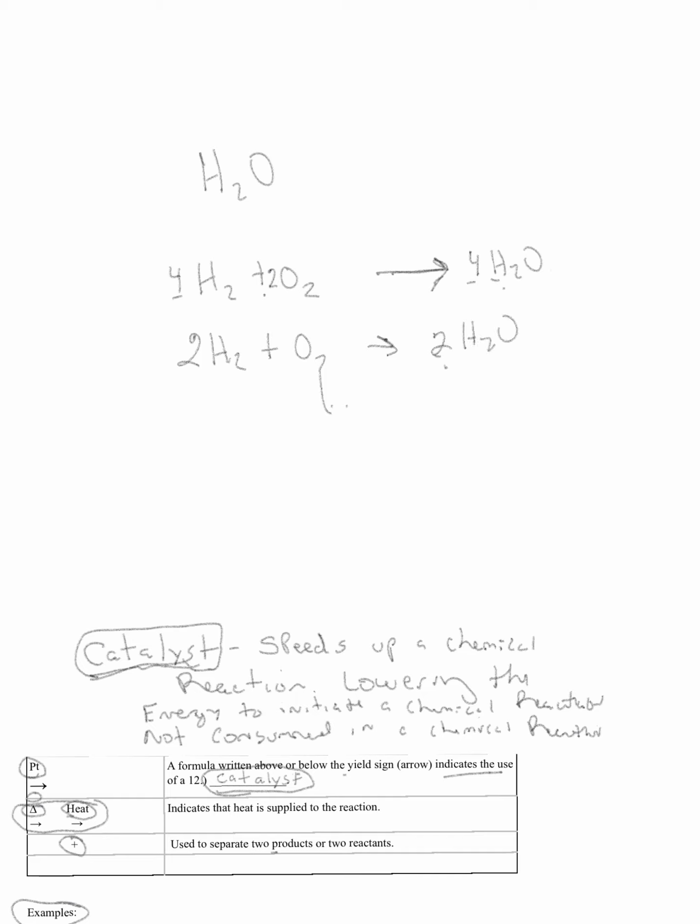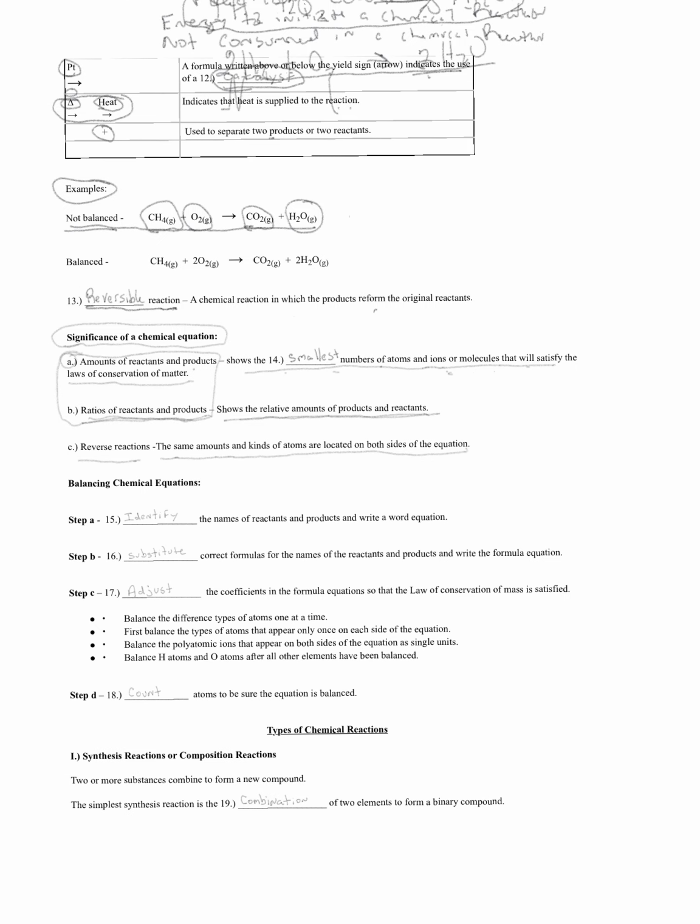So this one is not written properly, because I need to have the smallest whole number ratio of the elements in my products and reactants. This is written where the smallest whole number ratios are written. Okay, so this is properly written. This is not.